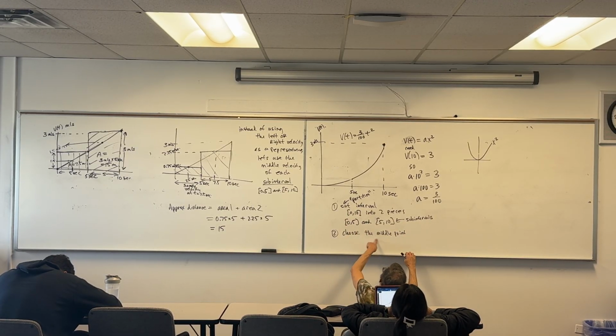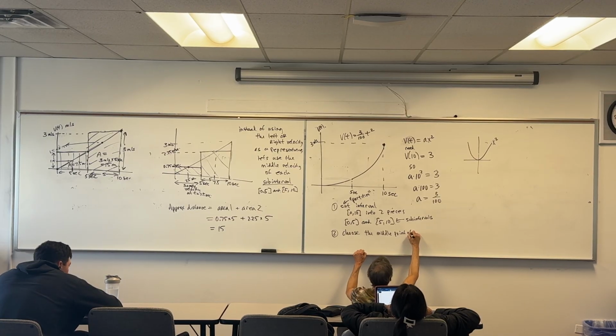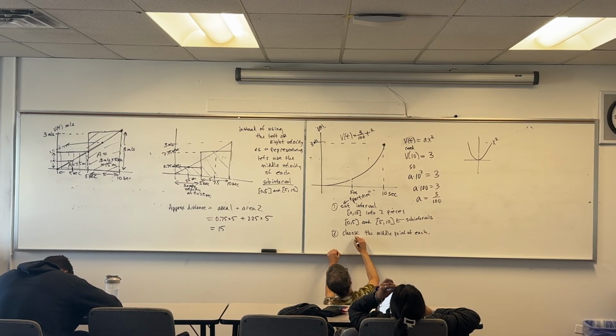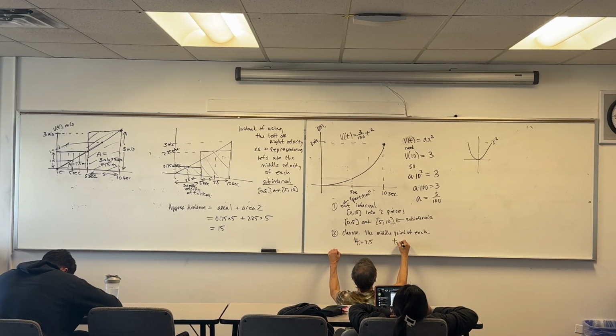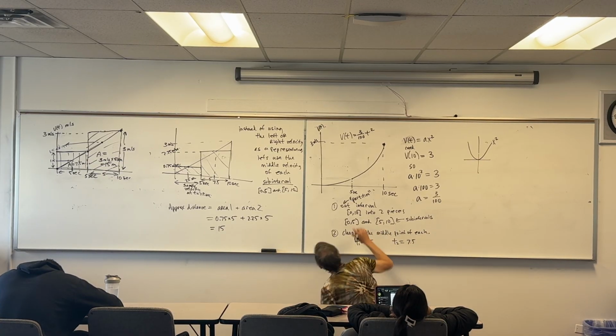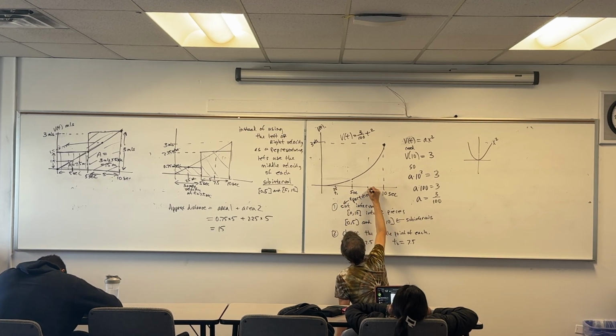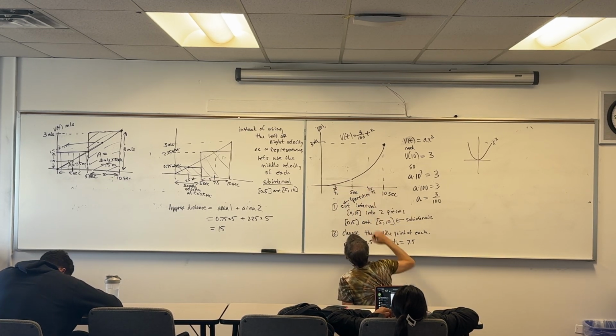I grab the middle point of each. So that's going to be, let's call it, T1 is 2.5 and T2 is going to be 7.5. So I'm just grabbing the middle point here, 2.5, that's T1, 7.5, that's T2.